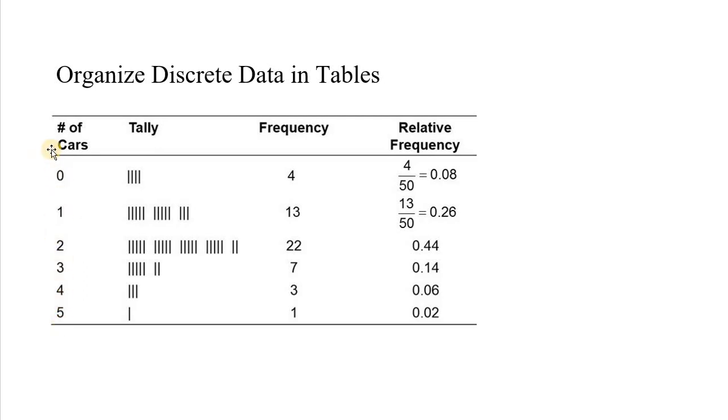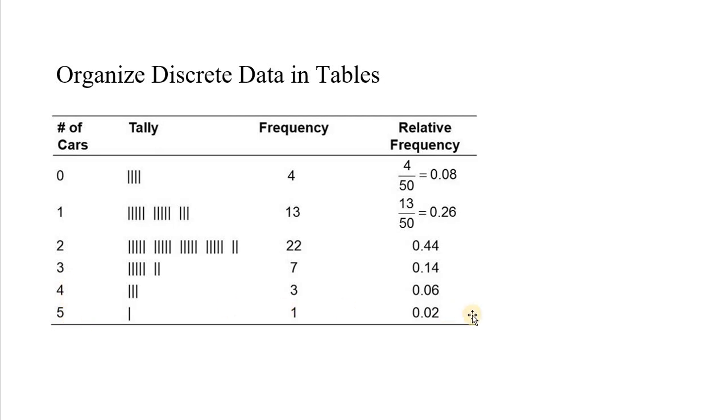The first column here, which is the number of cars, is going to be the classes. Then we're going to tally the number of zeros we see in the observations, record the frequency, and we know how to compute the relative frequency from part 1. We finish all of these, and I will show you how to do that quickly in Excel in a different video.